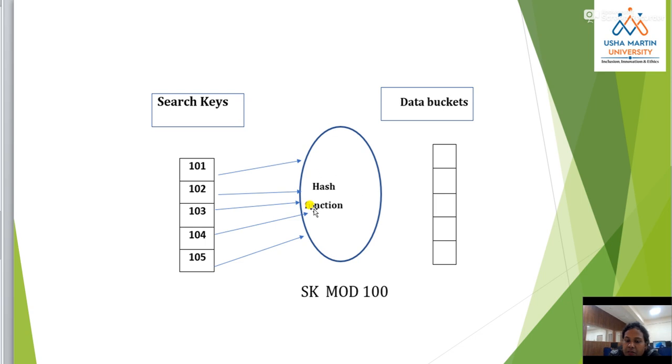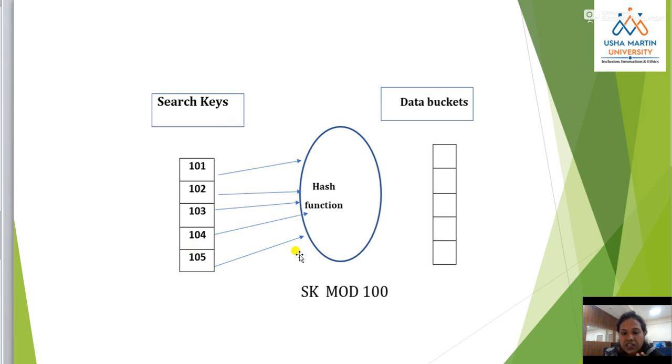What is a hash function? Basically it is a mathematical function, and we calculate it using some mathematical operation like addition, division, multiplication, or mod. Here I have taken mod. Any mathematical operation is known as a hash function, and for calculating it we need some keys, index keys, search keys.